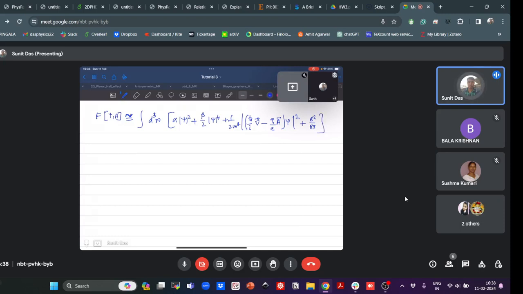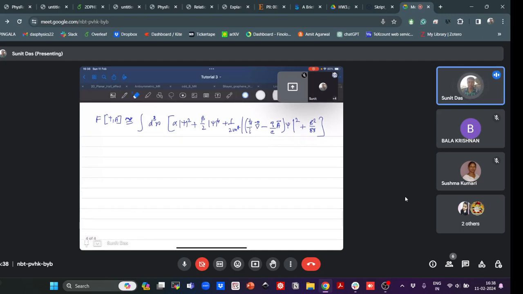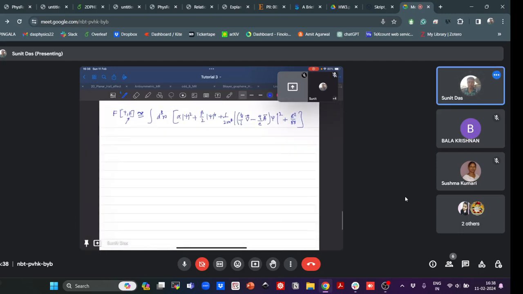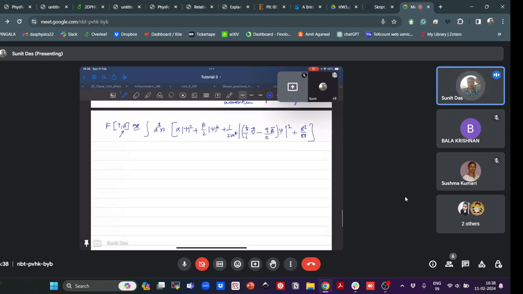So we can actually show that the free energy functional in the presence of a magnetic field, represented by the vector potential A, will be of this form. This is a bit lengthy to prove, which is why I'm skipping it, but it can be proved in general. Also, we have assumed that gamma is equivalent to 1 by 2m star here.